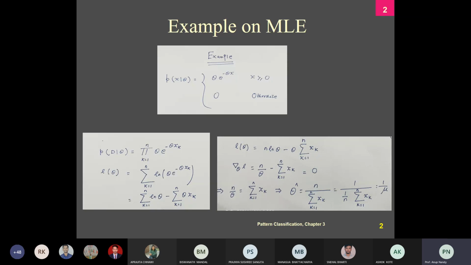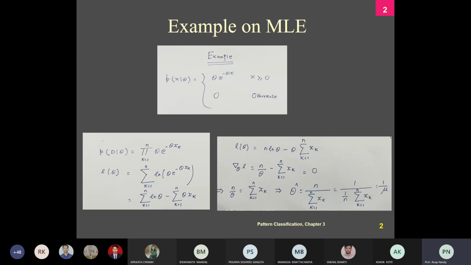Now the formula for the likelihood function, with the density function given, is the product over k equal to 1 to n of theta e to the power theta x. If it is not given, then the general form that we have already seen is the product over k equal to 1 to n of p of xk given theta, which is the density function. In this case the probability density function is given to you.